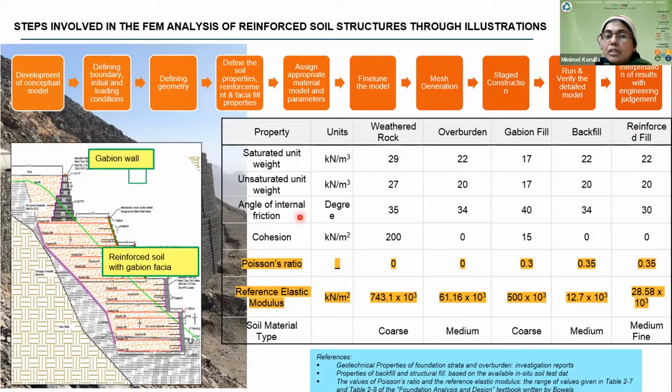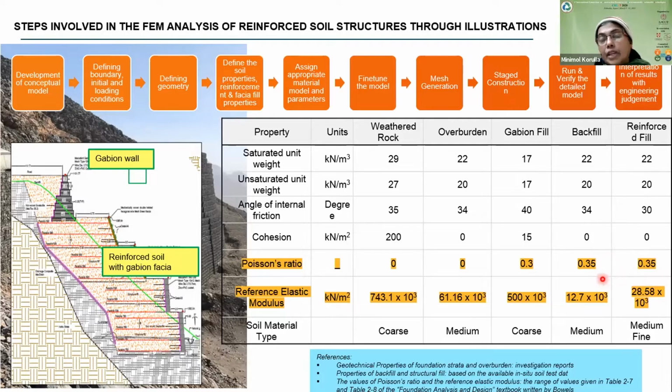So the saturated unit weight, unsaturated unit weight, angle of internal friction, these are all the normal data which is applicable for reinforced soil. Those are defined. Of course, cohesion also. Now, the Poisson's ratio and the elastic modulus are specifically required for the numerical modeling, and those need to be defined in a proper way, especially for the reinforced fill, the elastic modulus of the backfill.